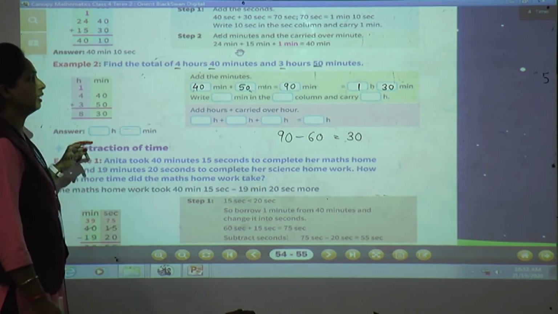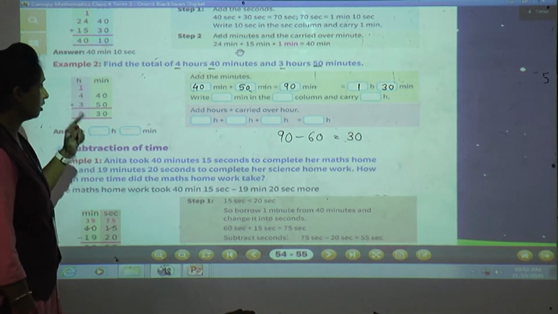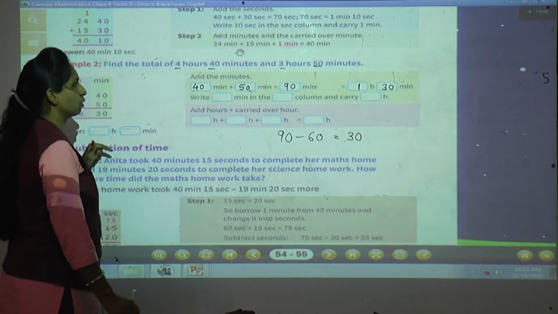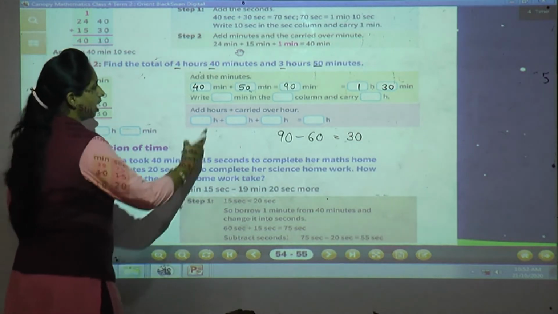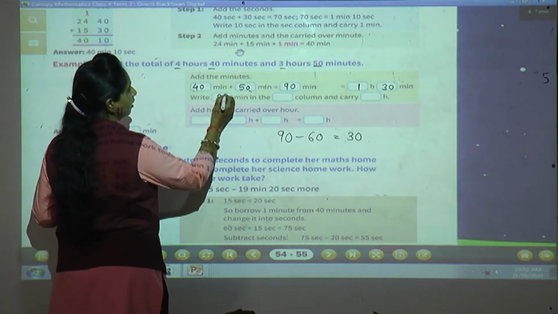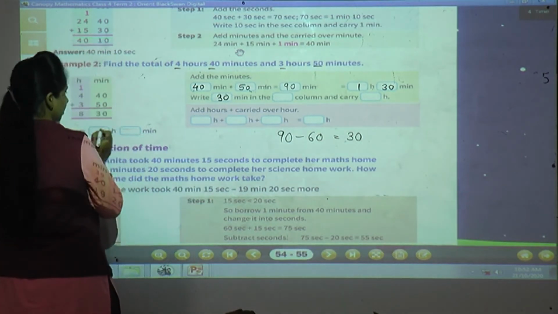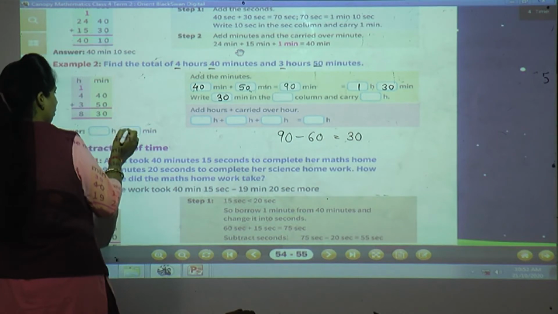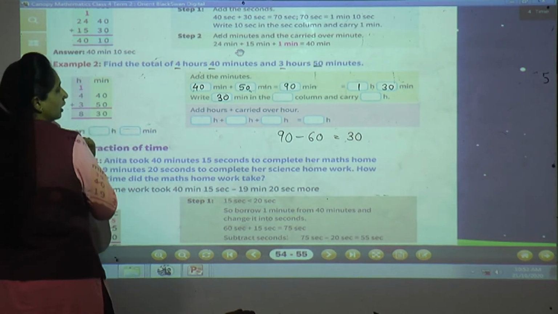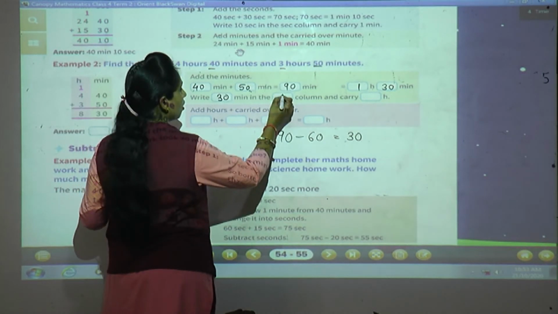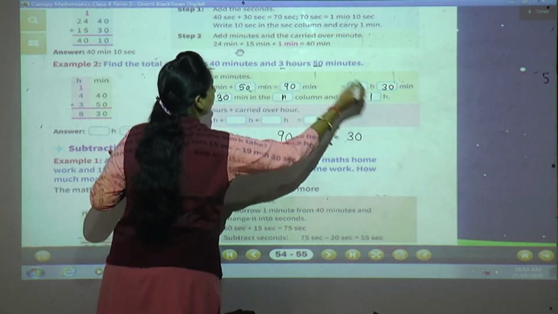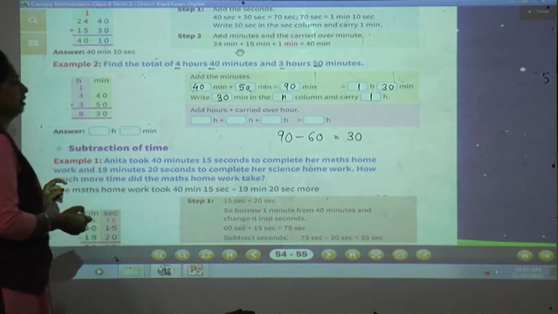So we have to write 30 in the minutes column, and in the hours column we have to carry 1 hour.